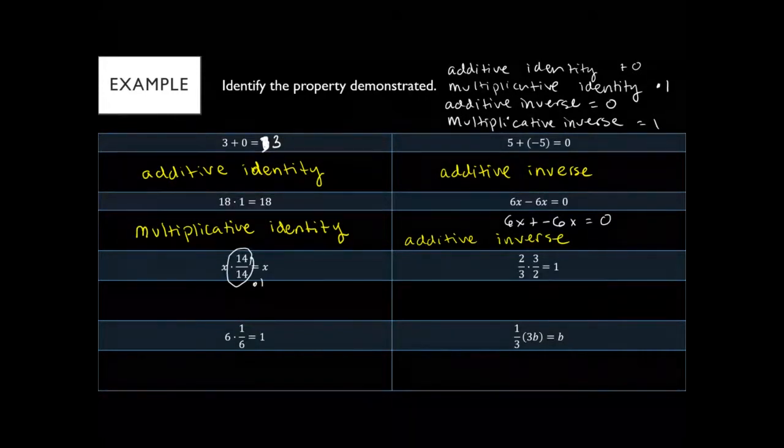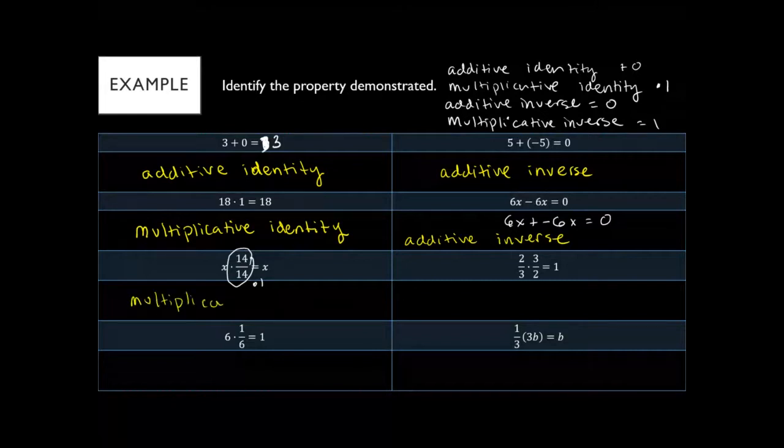And this is what we use a lot of times when we're actually trying to get a common denominator, and we do solve equations with that you have to get a common denominator. You'll have what's on the right, and you do what's on the left so that you can get a common denominator. So this is the multiplicative identity going on here.